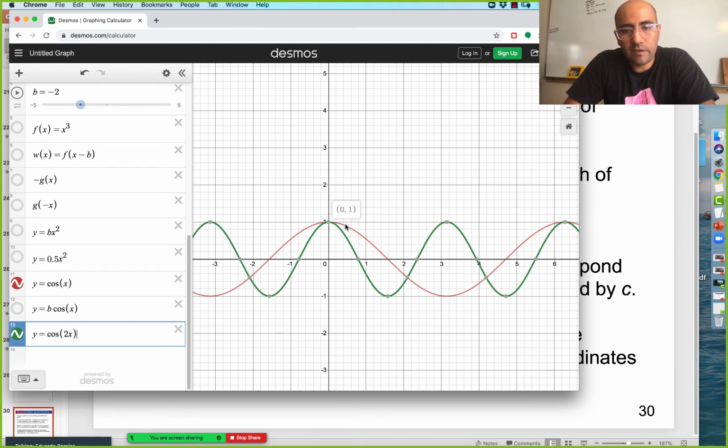The original one is cosine x, so here is one period of cosine in red, starting from there all the way out to there. This is in radians, so it's 2 pi. Remember, 2 pi is a little bit past 6. 1 pi is 3.14, so this is about 6.2 something. So the red one represents one period of cosine, but now the green one is cosine 2x. What we're doing on a point-by-point basis is doubling all our input values.